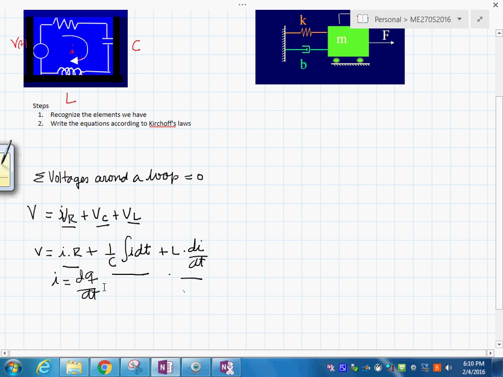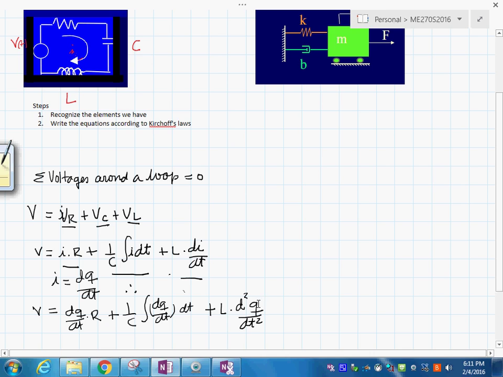So if this is true, you have that voltage is equal to dq dt times R plus 1 over C times the integral of dq dt dt, plus L times d squared q dt squared.